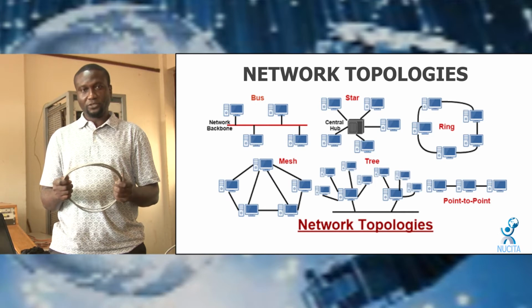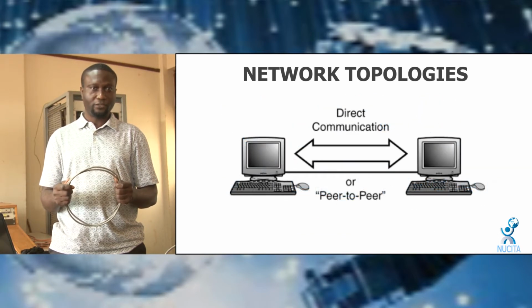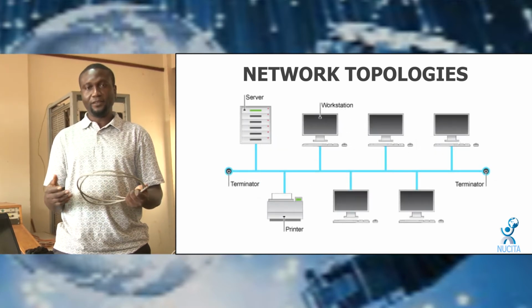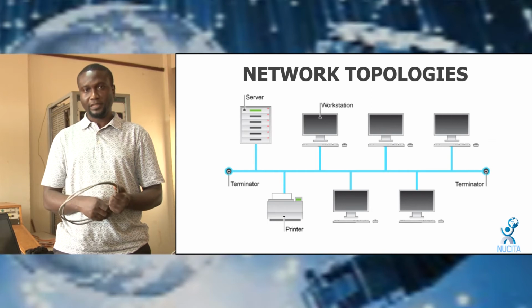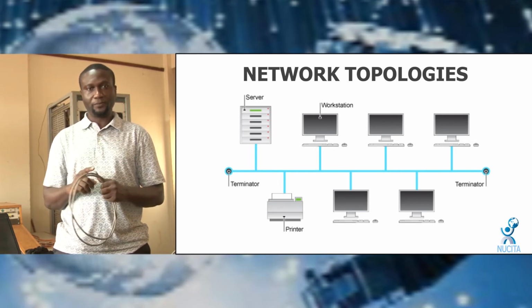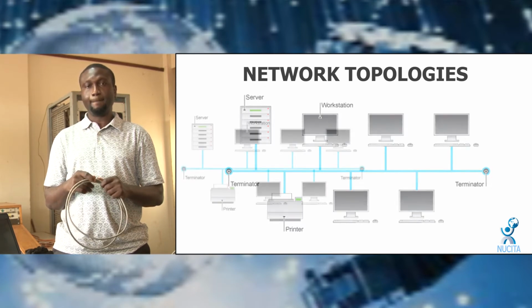The topologies that I'm talking about include the peer-to-peer network topology that involves at least two gadgets. Then we have what we call a bus topology that involves all computers connected to one main cable, and that cable is what we call a backbone. All gadgets that are connected to that backbone, normally they connect through what we call a coaxial cable.